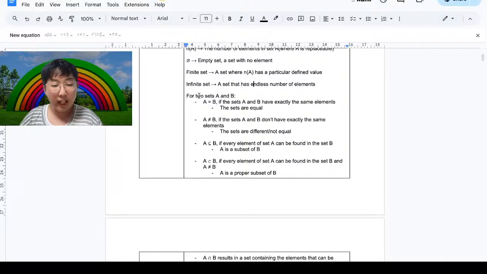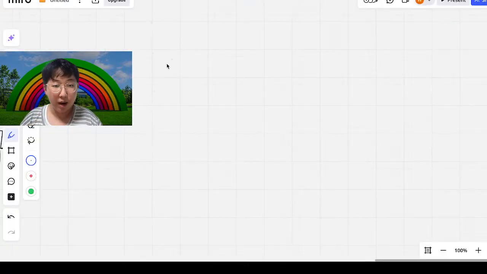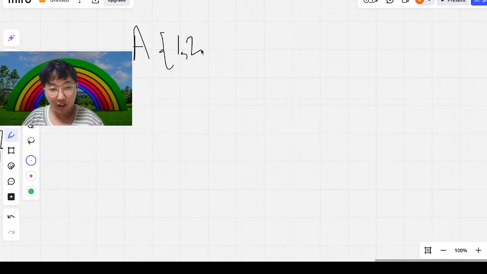For two sets A and B. So now we're comparing two sets here. It's very important to look at two different sets when we want to compare them. So let's say we have a set A. Let's say it's just 1 and 2, for the sake of simplicity.